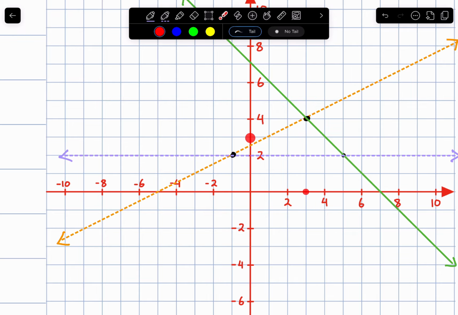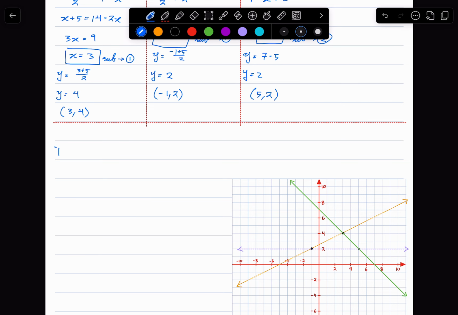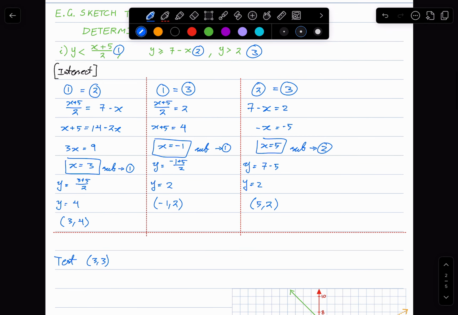It's going to be (3, 3). So we're going to be testing (3, 3) on all of our lines.